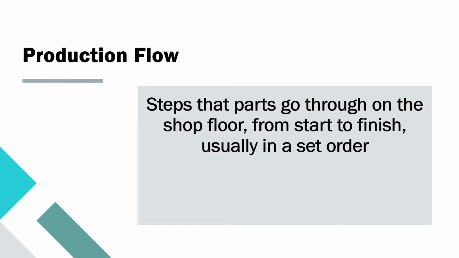In Dynamics 365, each production flow is connected to a unit in the system that represents this value stream. The flow includes all the activities and transfers needed to make or move items through the process.